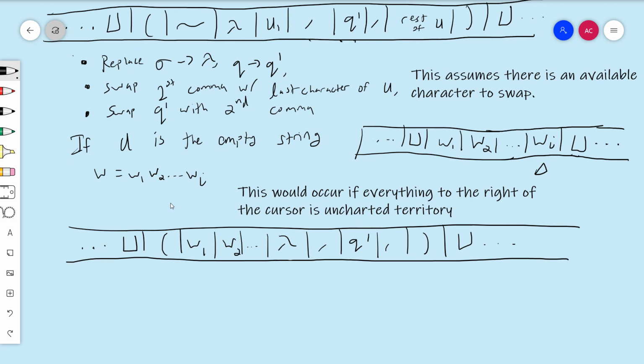I have to do something. So in this case, what should it be?